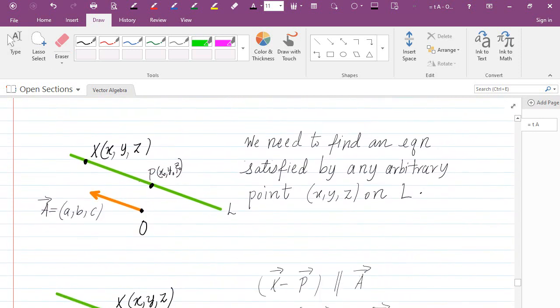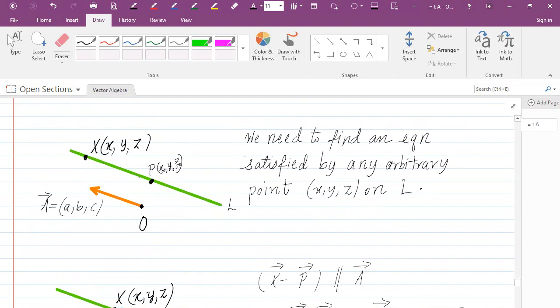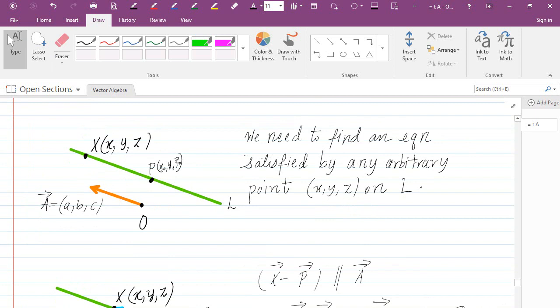What do we mean by the equation of the line? Well, we mean an equation that will be satisfied by any arbitrary point x, y, z on the line. So let capital X be an arbitrary point on the line with coordinates x, y, z. We are looking for an equation that will be satisfied by X.